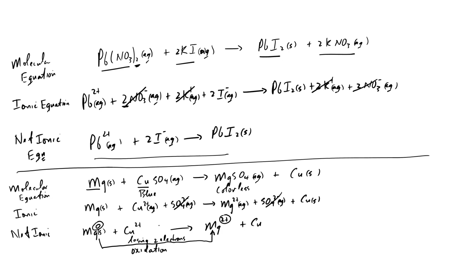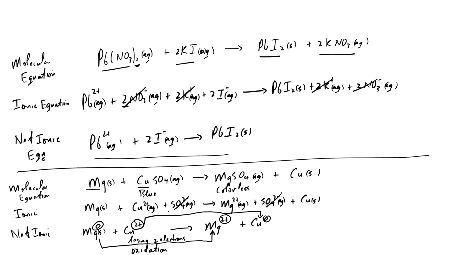All right? And then as you go from Cu2+ to Cu, the change in the oxidation number would be from +2 to 0. All right?